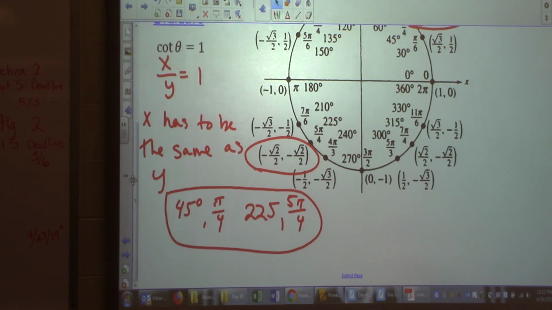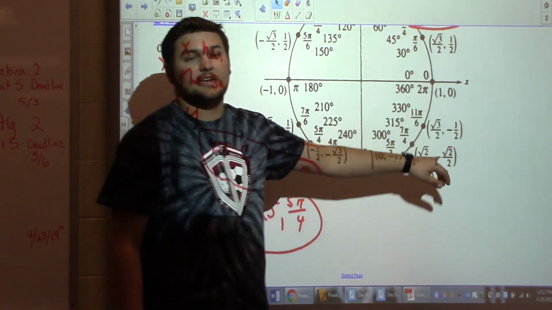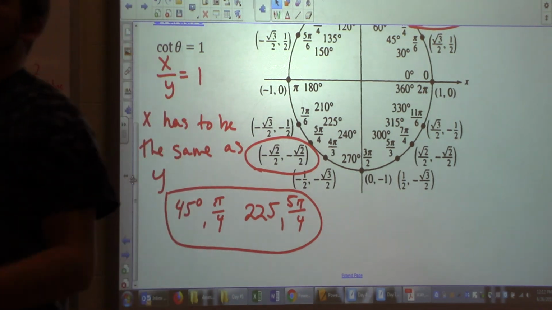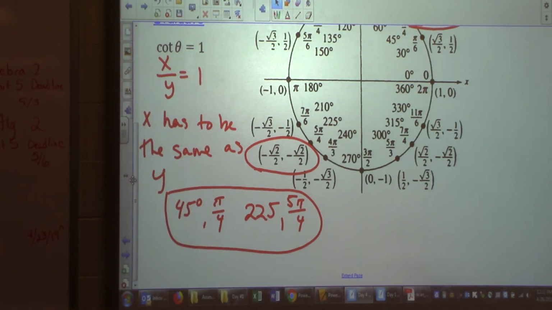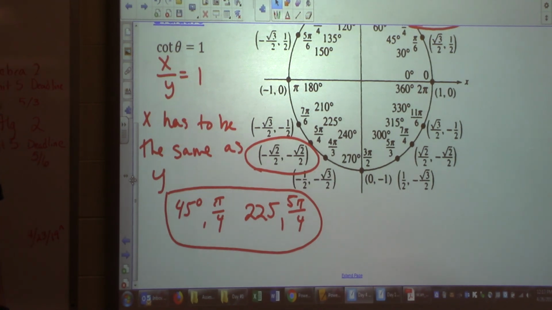A negative and a positive of the same number. So you got to look for where they're the exact same, but one is positive and one is negative. So if it equals -1, it's a little bit of a change. That's what you're going to have to do with tangent and cotangent. Okay? Any questions? No. That's it. Finito.